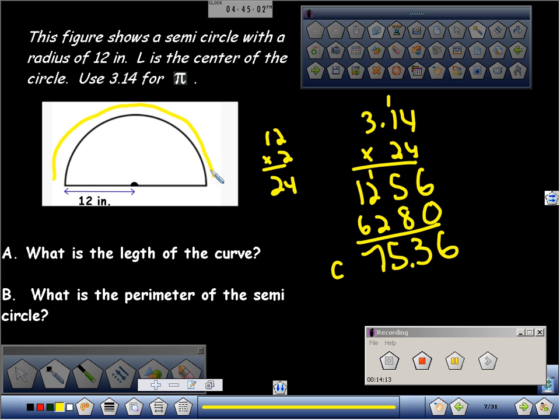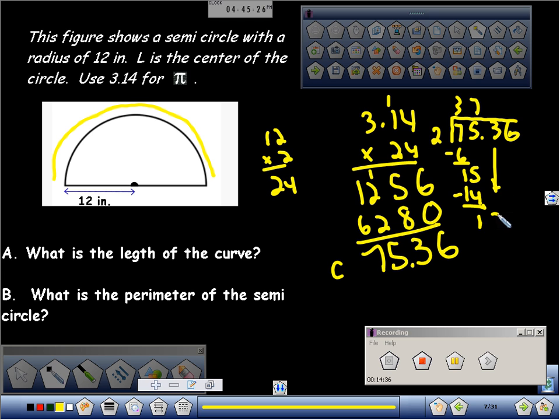But the semicircle is half of the circumference. So I got to divide that by 2. We'll take 75.36 divided by 2. 2 goes into 7 3 times. 3 times 2 is 6. 7 minus 6 is 1. Bring down the 5. 2 goes into 15 7 times. 7 times 2 is 14. 15 minus 14 is 1.